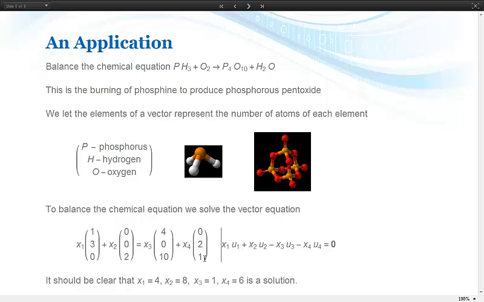But now I have 6 plus 10 oxygen atoms, so I have to have 16, so this guy must be an 8. So the smallest solution with integer answers is 4 phosphines plus 8 oxygens gives me 1 phosphorus pentoxide along with 6 free water molecules. Now this we can sort of do by eye. For more complicated chemical equations, we'll get to use the fact that this is a matrix vector equation and use matrix methods to solve it.